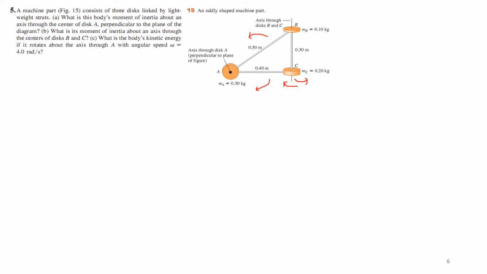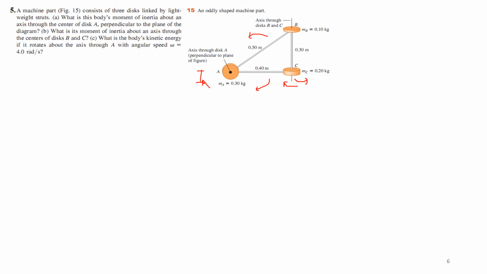Let us read the statement. A machine part consists of 3 discs linked by lightweight struts. A. What is this body's moment of inertia about an axis through the center of disc A, perpendicular to the plane of the diagram?